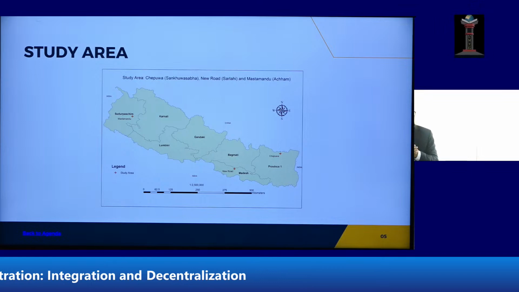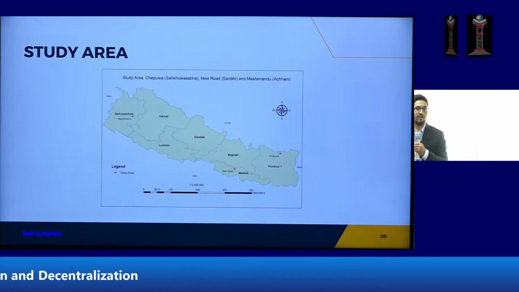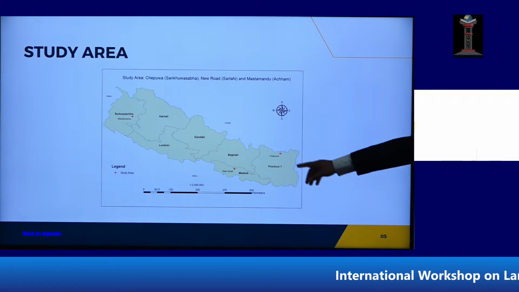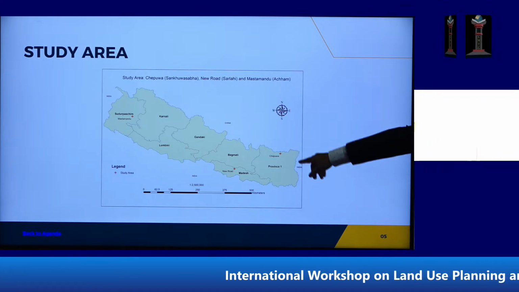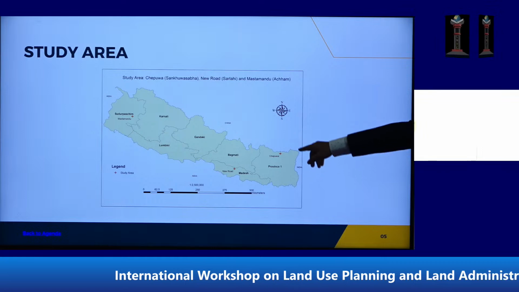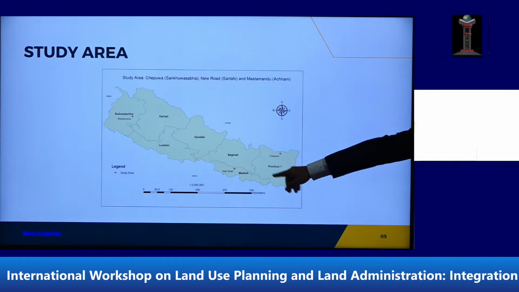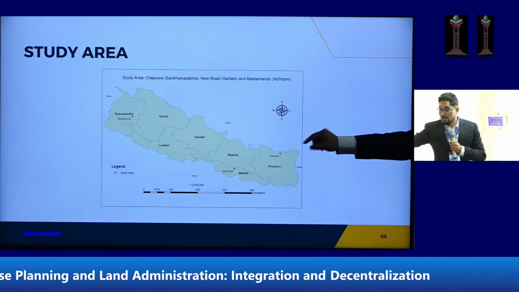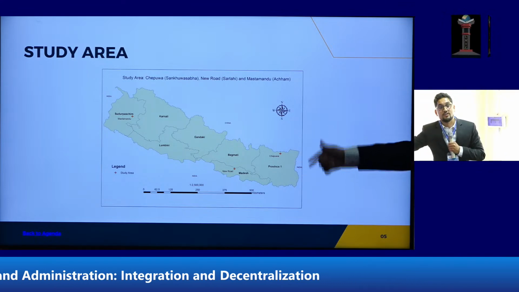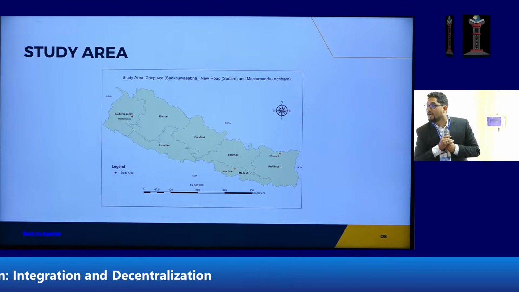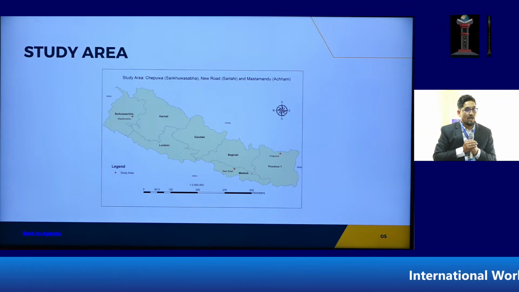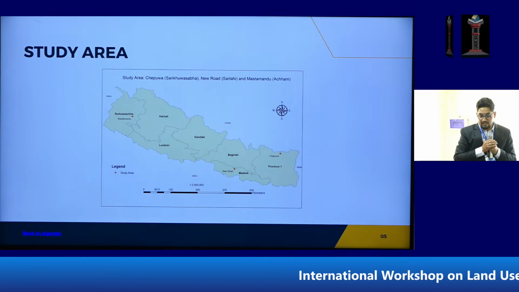I may have covered 500 different areas in Nepal, but I have strategically chosen Province One, Chepua, in Sankhuwasabha, which represents the mountain part, and Naya Road in Saptari district, which represents the Tarai region, and in Sudurpashchim, Mastamandu in Achham, which represents the hilly region.